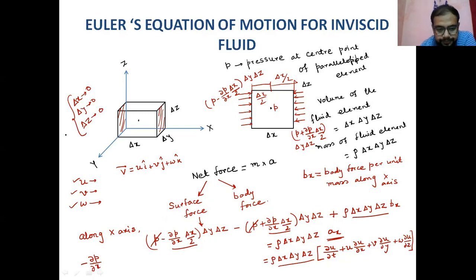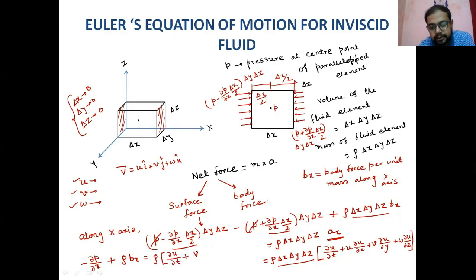So that's why finally the equation is coming: minus del p del x plus rho bx is equal to rho du dt plus this term we can write down.